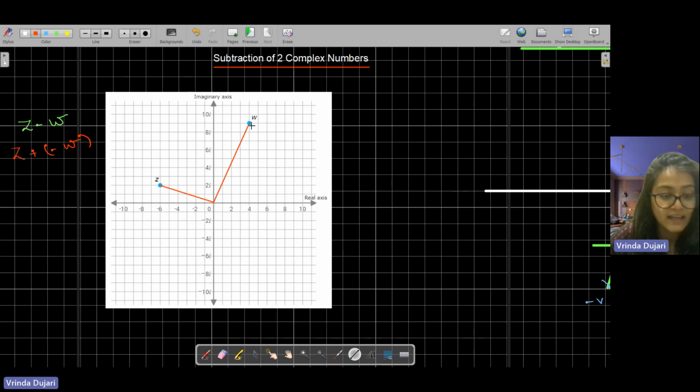Now to draw negative W, we will extend this second segment so that the origin is halfway between W and negative W. Okay, so what I mean by that is I'm going to extend it like this.